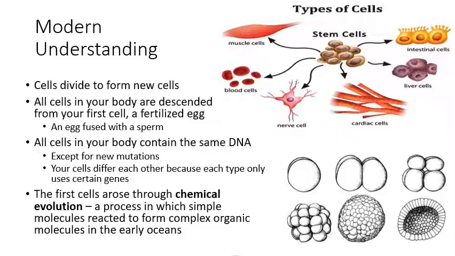So that is kind of interesting because we don't have cells that are all the same, right? Our cells look lots of different ways. So we have muscle cells that are all long and spindly. We have blood cells, red blood cells that are like little packets that don't even have a nucleus in them. We've got nerve cells that send little branches off like trees in all different directions. We've got cardiac muscle cells in the heart that are long and spindly and branch.